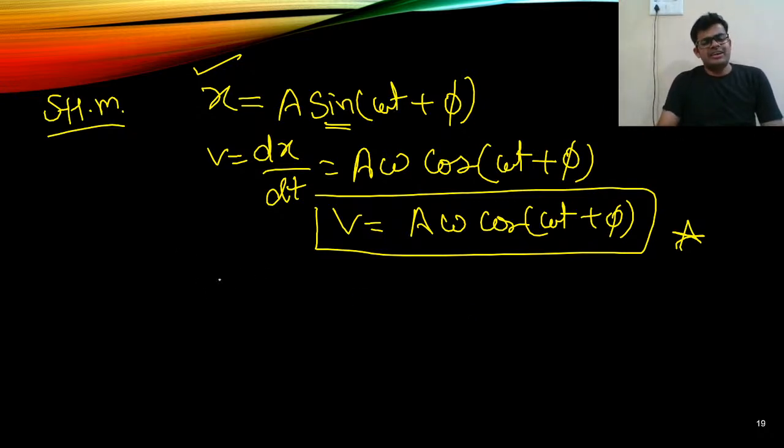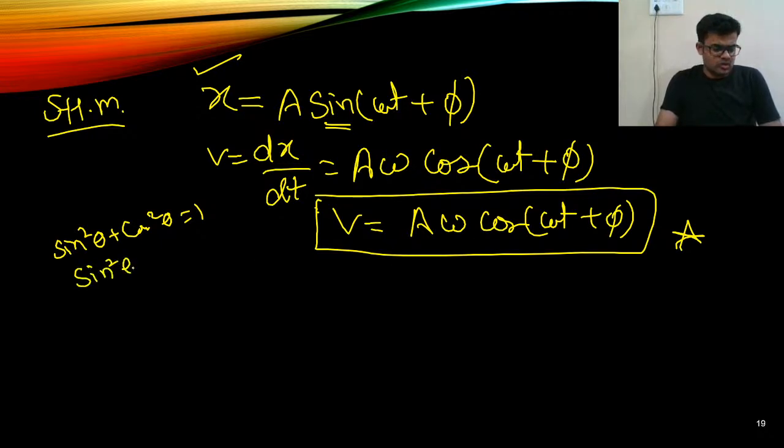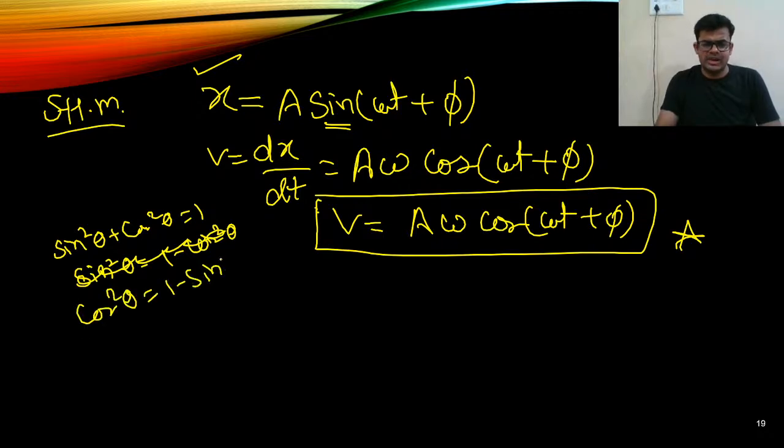Next I will write its formula in terms of displacement. We all know sine square theta plus cos square theta is equal to 1. Here is cos, so I want to convert cos into sine. So cos square theta is equal to 1 minus sine square theta.